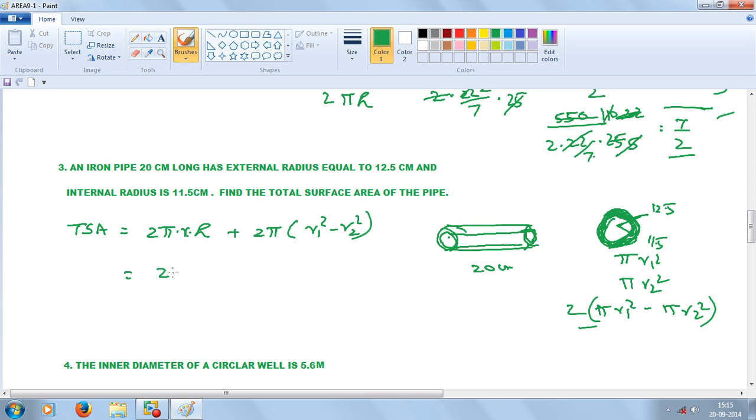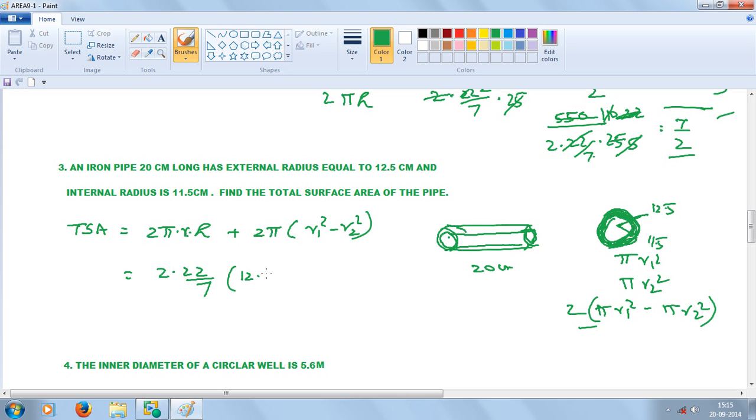So it is equal to 2 into 22 by 7 multiplied by the radius.